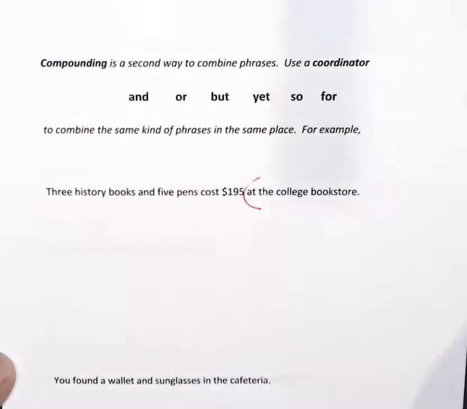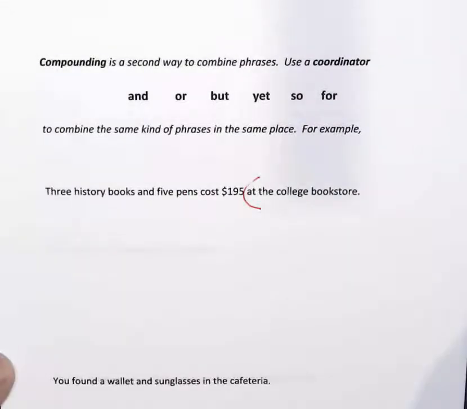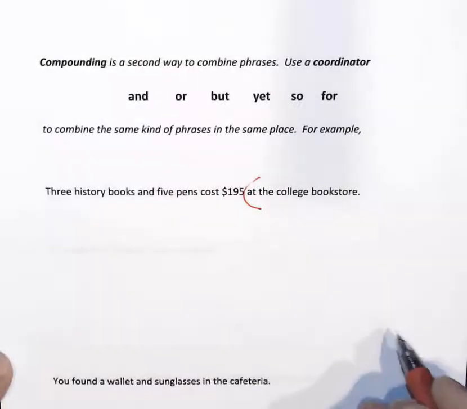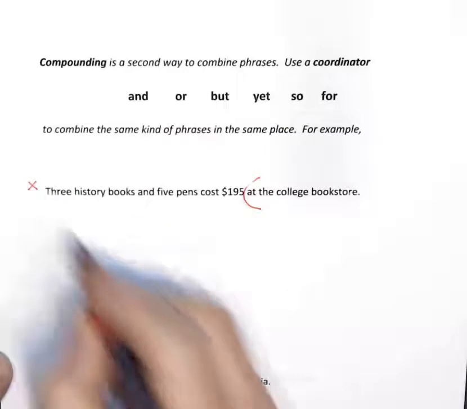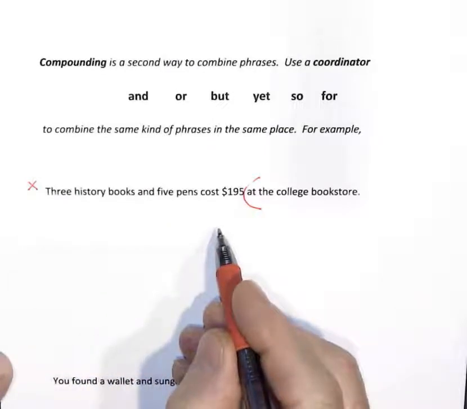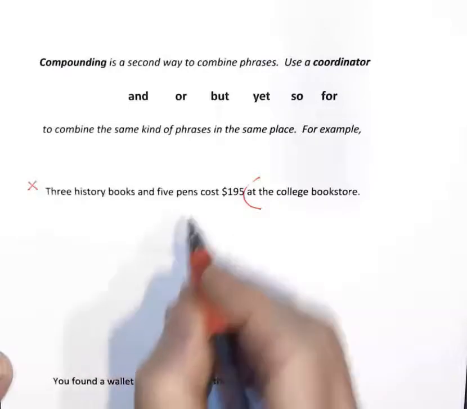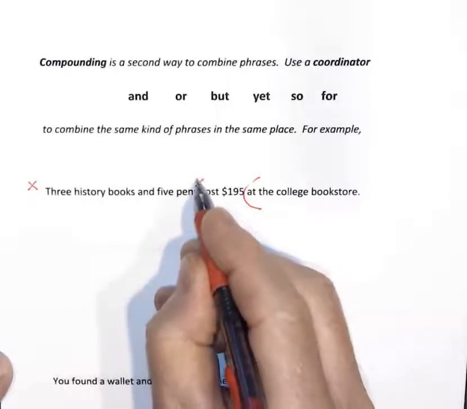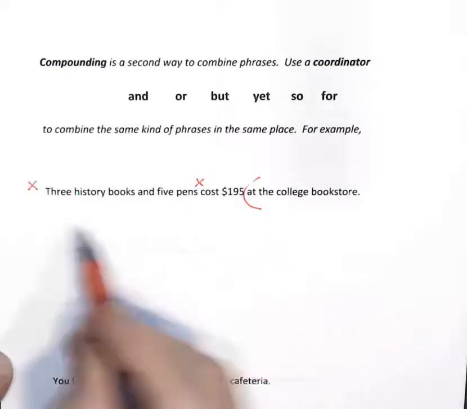At the college bookstore, 3 history books and 5 pens cost $195. Okay. Now, do 3 history books and 5 pens cost $195? 3 history books and 5 pens do not cost $195.